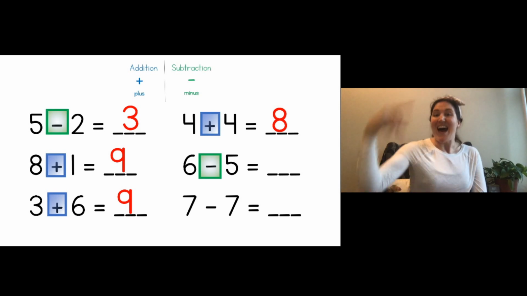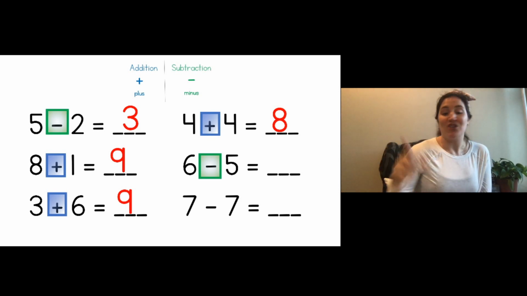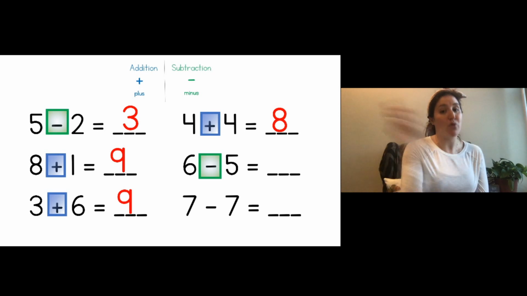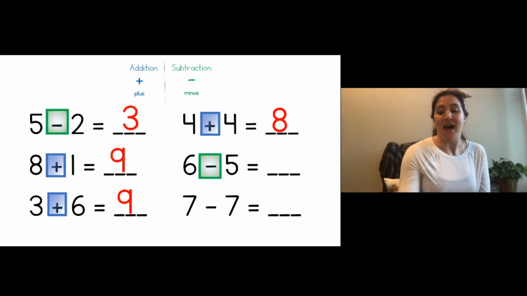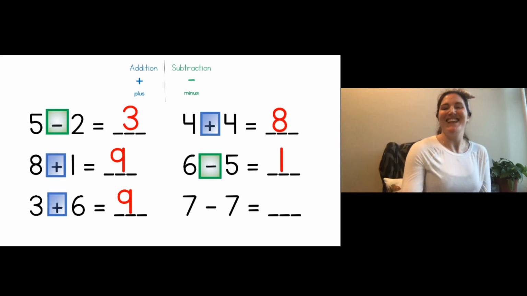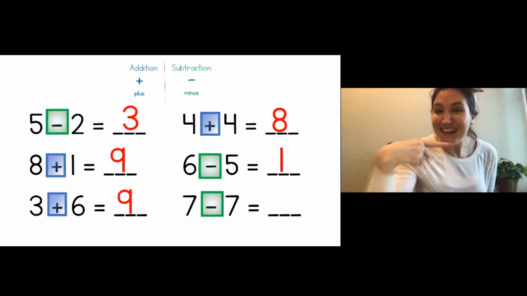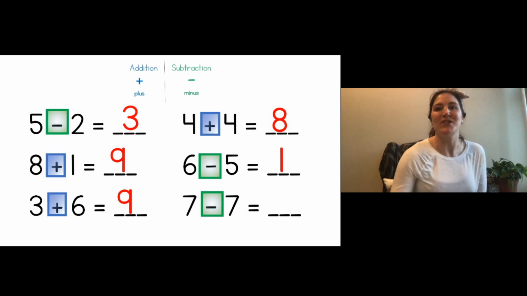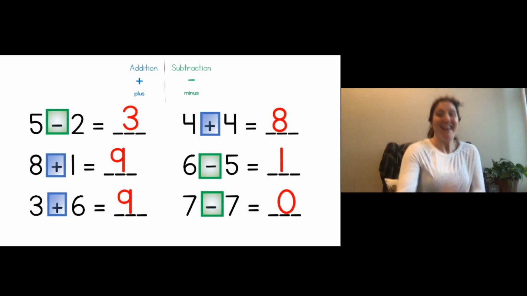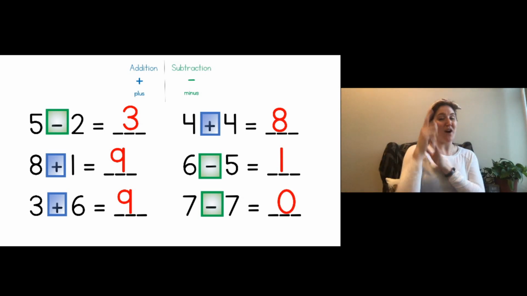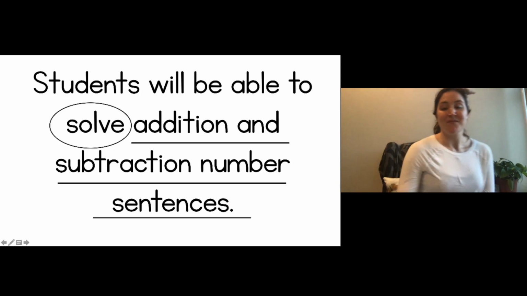The next one had a minus symbol, so you should have drawn 6 circles, crossed off 5. That equals 1. And the last one, 7 minus 7 equals, oh, I was trying to trick you with this one, 0. You should have crossed all 7 off.